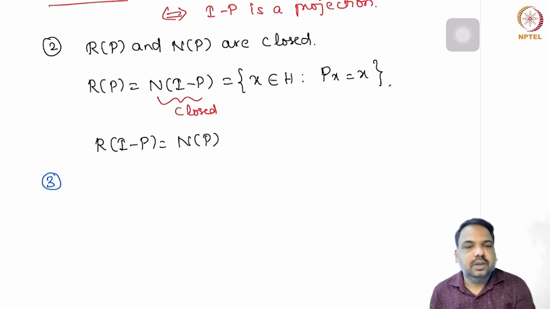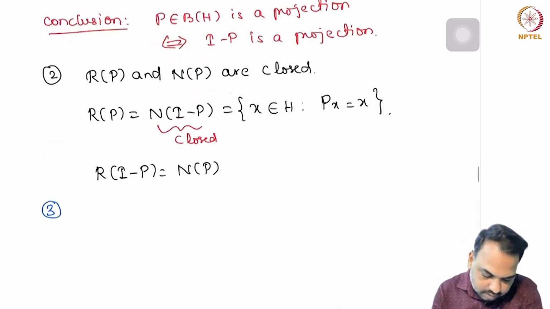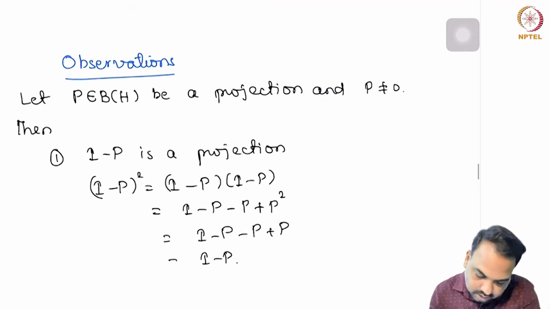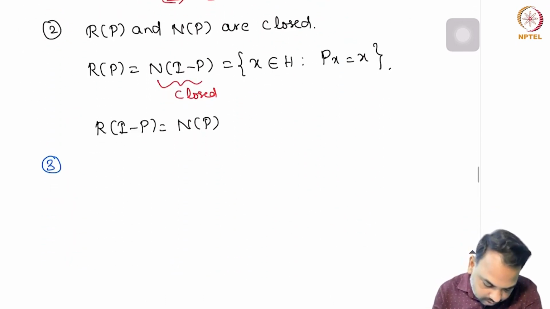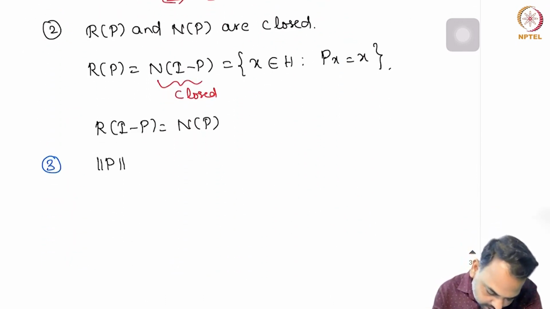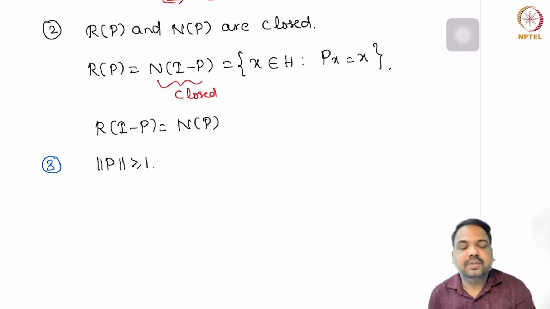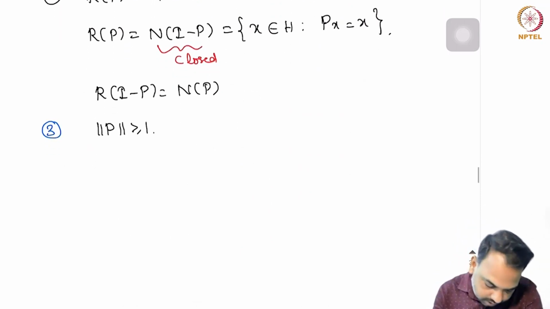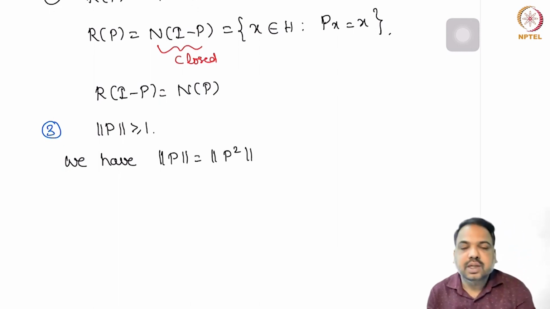Okay, if P is a projection, we assume that P is an idempotent which is non-zero, so we can say that norm P is bigger than or equal to 1. So that is because we have norm of P is nothing but norm of P square.